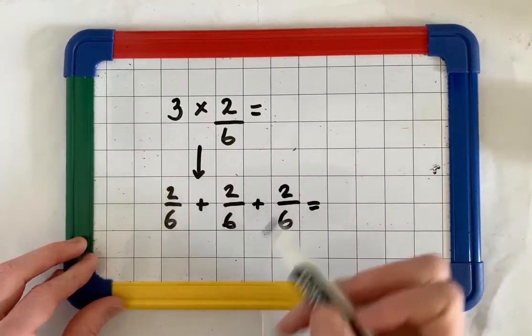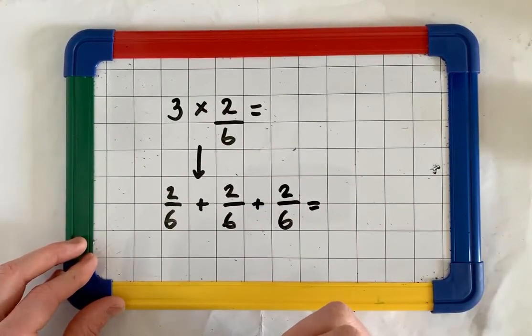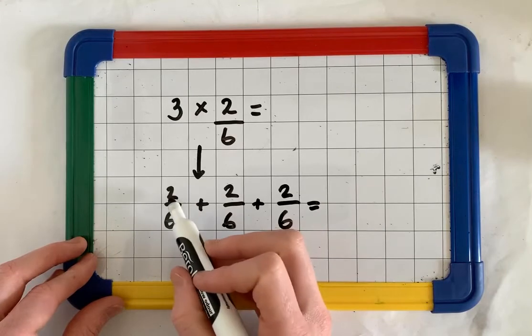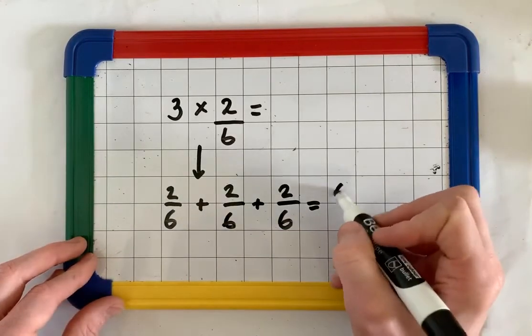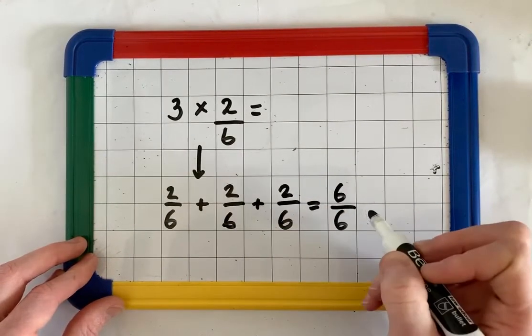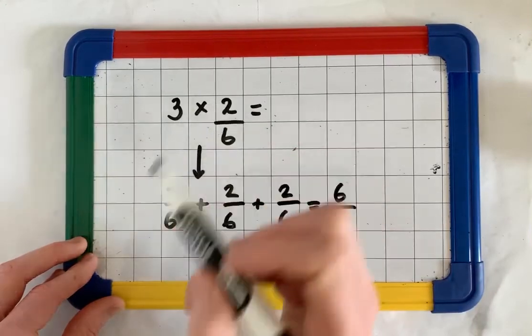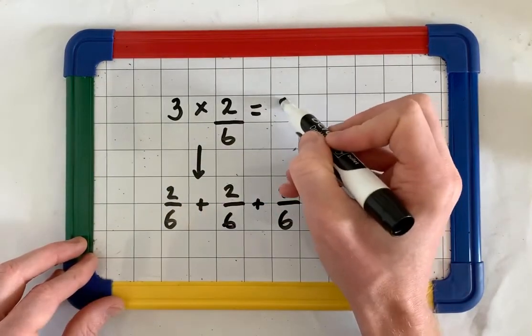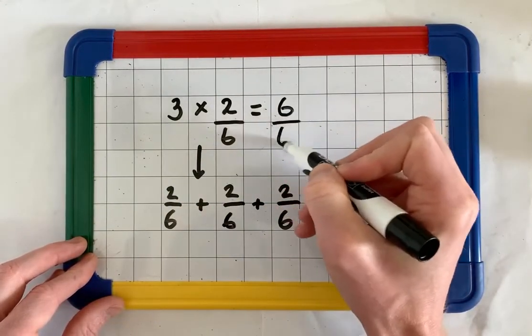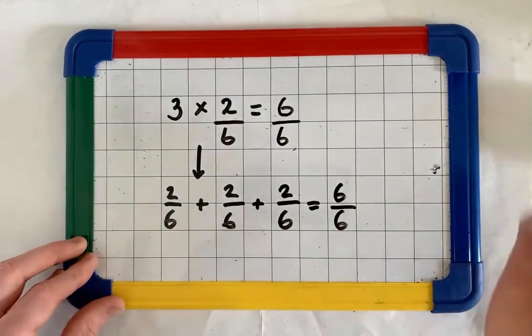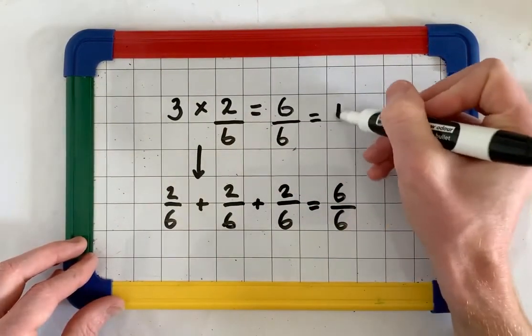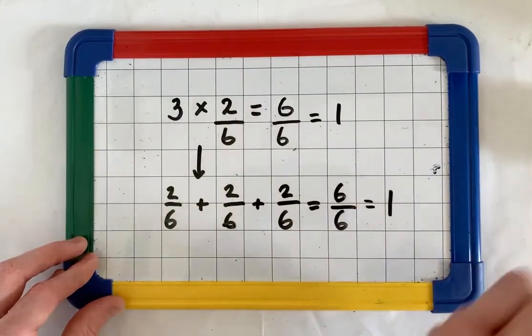Because that's 1, 2, 3 2/6. Now that would be 2 add 2 add 2 makes 6, 6/6. And if we just multiplied our numerator, 6, 6/6, same answer. And 6/6 is equivalent to a whole.